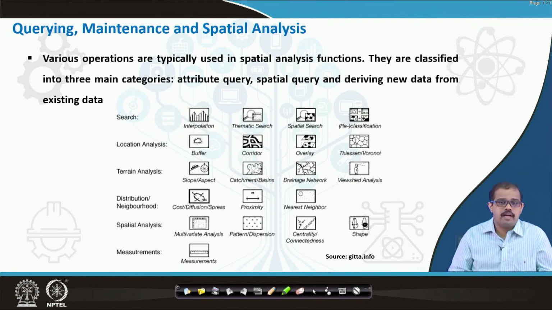Nearest neighbor analysis can be made too: if there are a huge number of parcels around and you want to find out, for a particular parcel, which is the nearest neighbor, such analysis can be made much more easily by just a small query. Then there are measurement queries, wherein you can measure a certain region. If you have a polygon, you can even measure the area. If you have a line, the length of that particular line, etc. So these queries are defined based on attributes, based on spatial queries, and deriving new data from already existing data that you may have. Such kind of analysis can also be made.